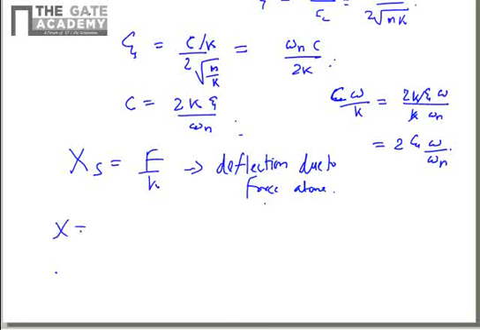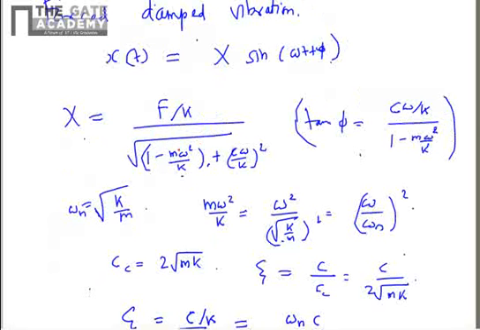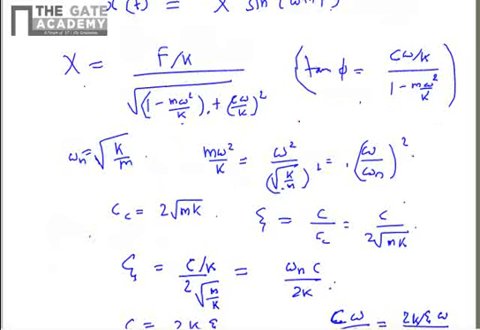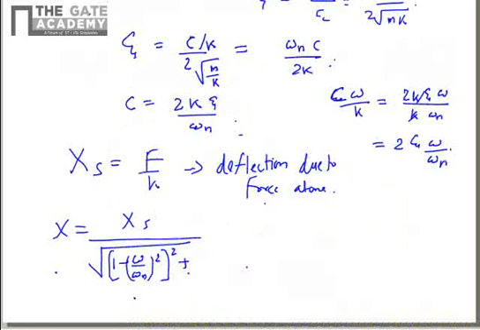So you have X equal to Xs by square root of [1 minus M omega square by K, that is omega by omega n whole square], this thing squared, plus [C omega by K, that comes to 2 Z omega by omega n]. Now this thing also whole square.